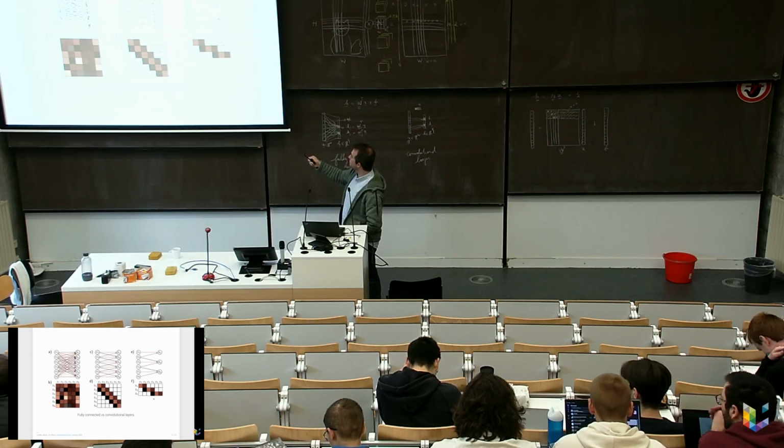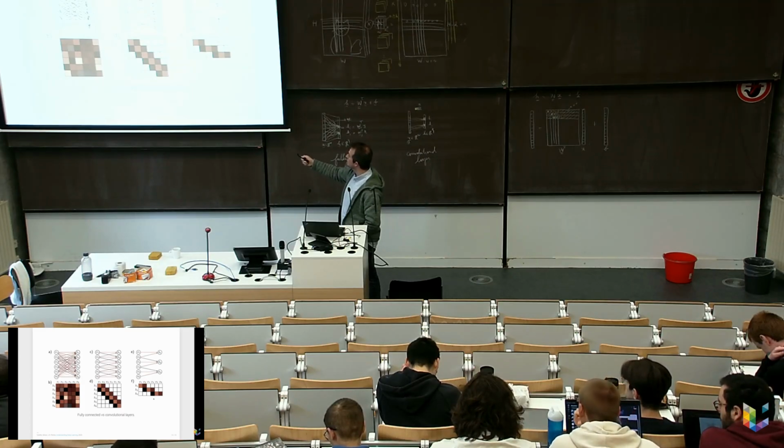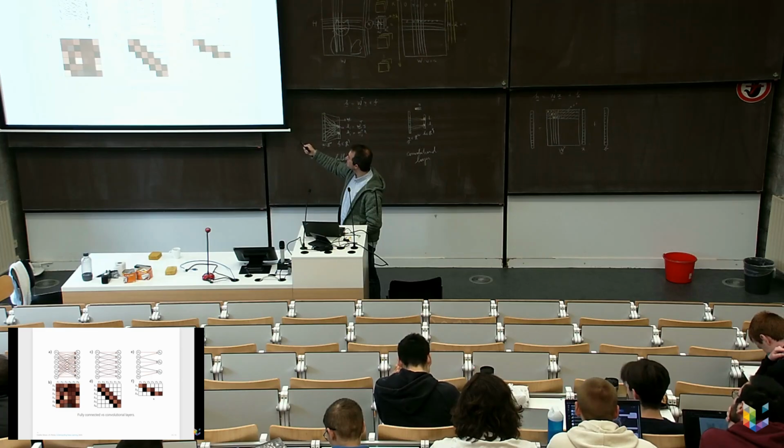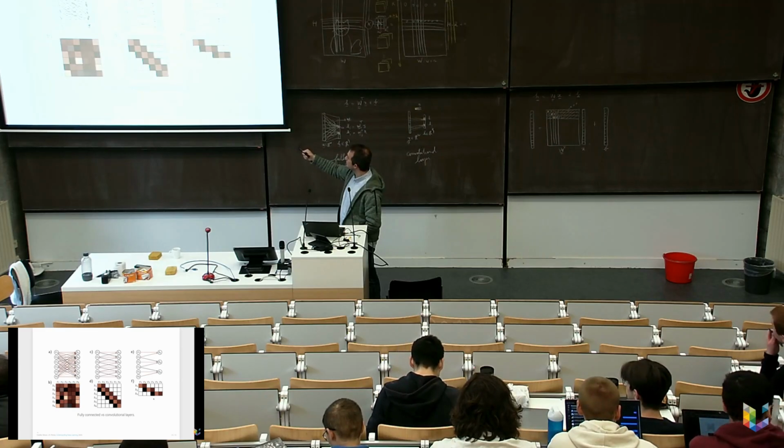If you compare that with a convolution, you can also represent these weights as a matrix, where, for example, to produce H1, you have weights starting at X1 and X2. These two connections. For H2, you use instead X1, X2, and X3.